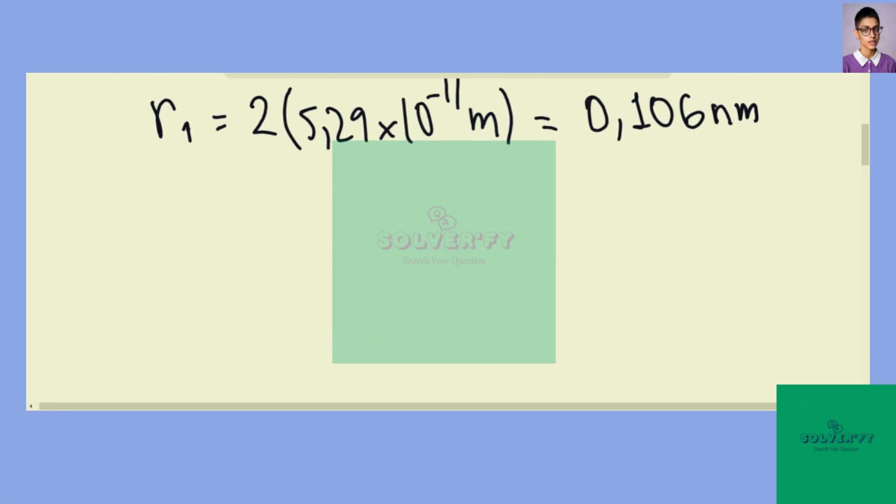Now for part C of this problem, we are asked to find its ground state energy. For that, we also use a known equation. Again, we are using the reduced mass, and n is equal to 1 because that's the ground state.